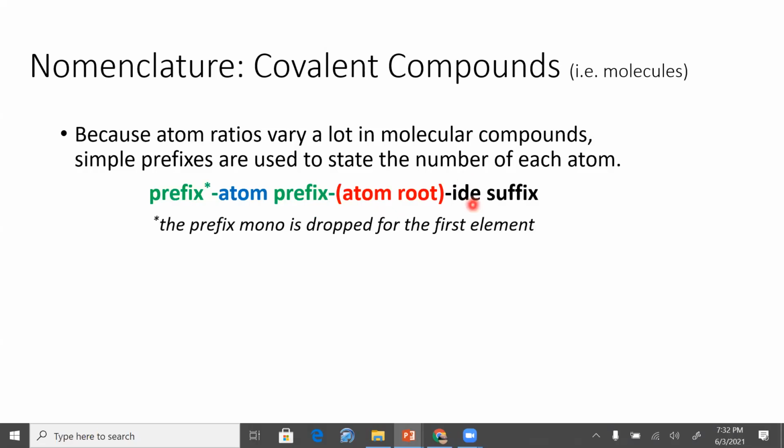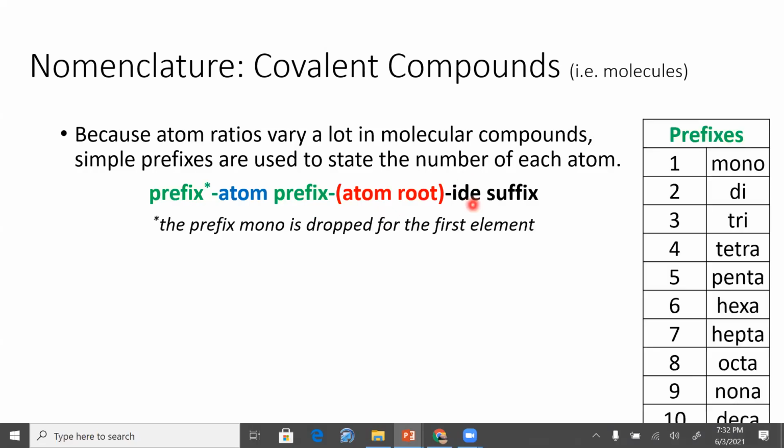So what are the prefixes we're going to use? So our prefixes, one is mono. Now I put a little thing down here. We assume mono in the first name. So we don't write mono in the first name, but if there's one of the second element, then we would use mono. 2 is di.